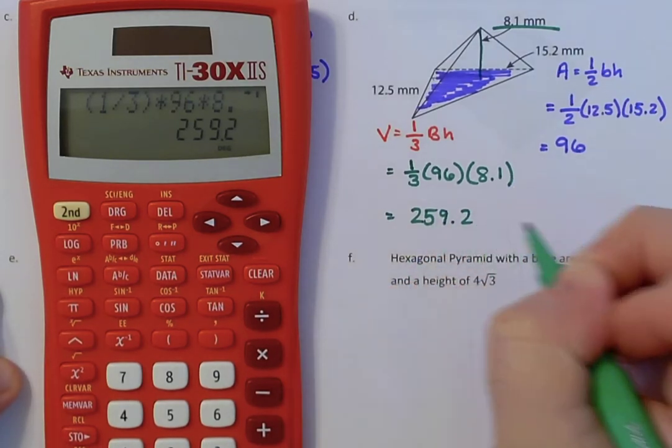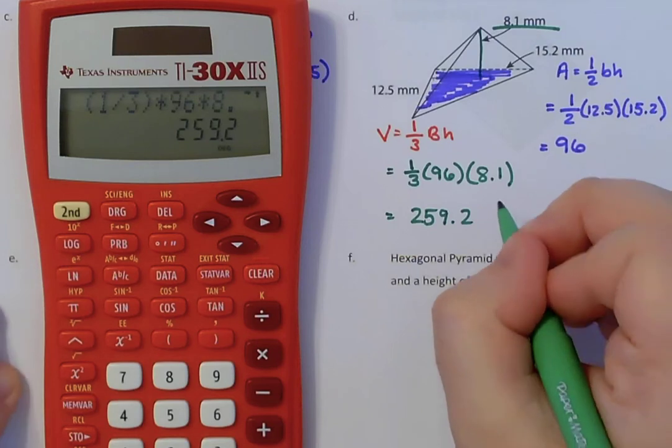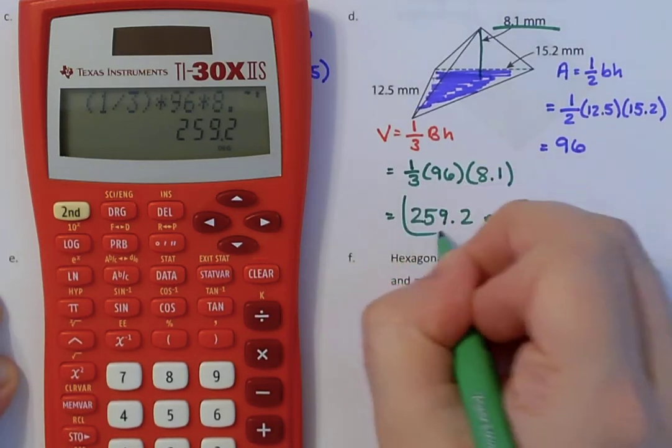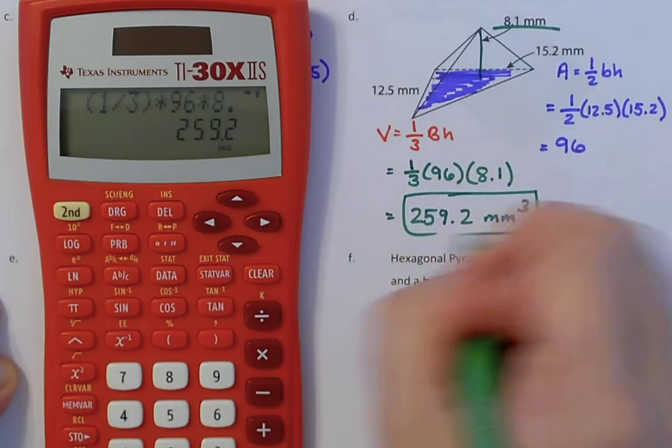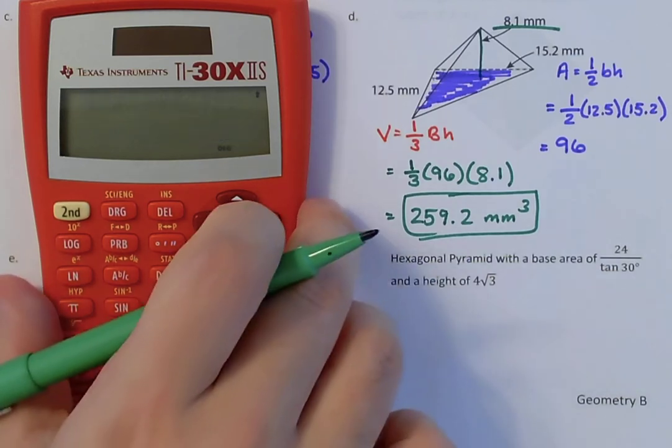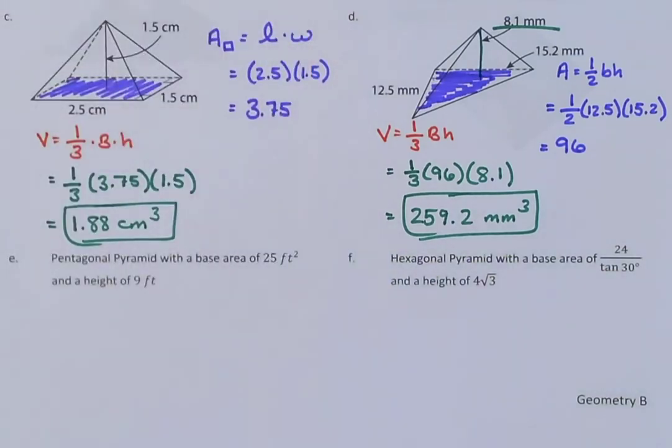So 259.2 millimeters cubed. And that is how you go through and find the volume of a pyramid when given a diagram.